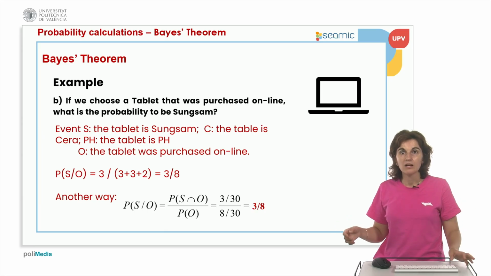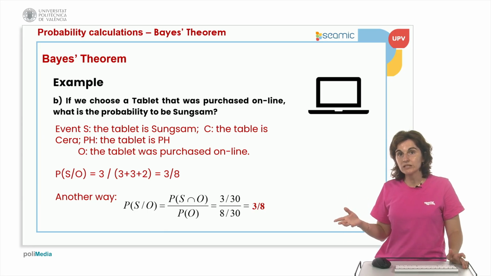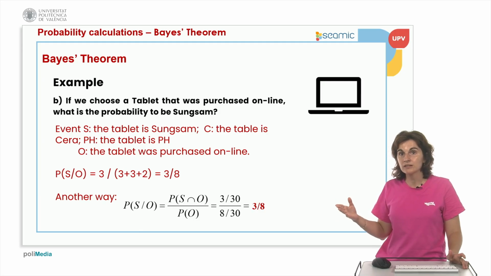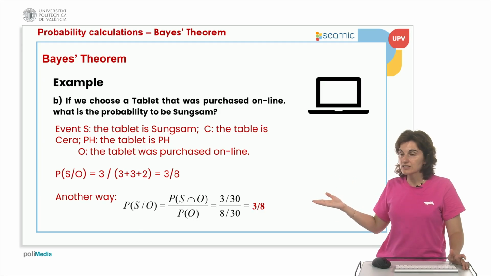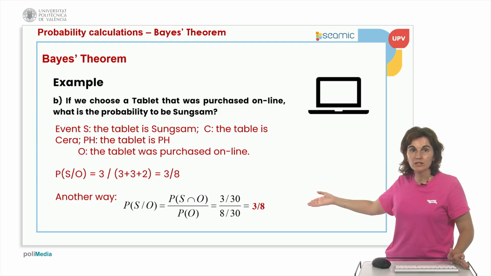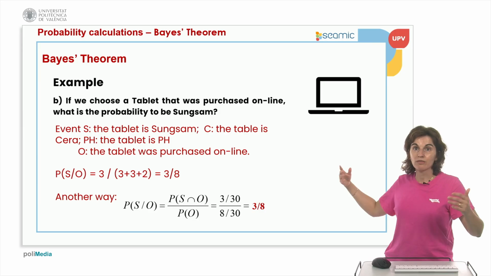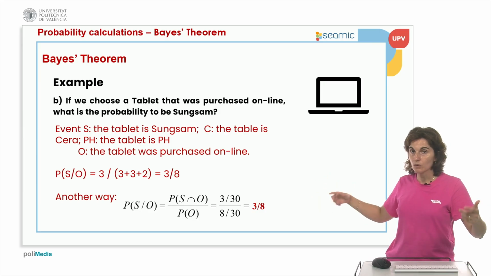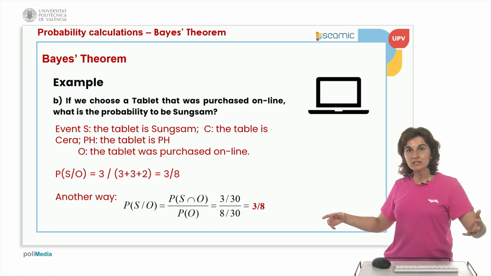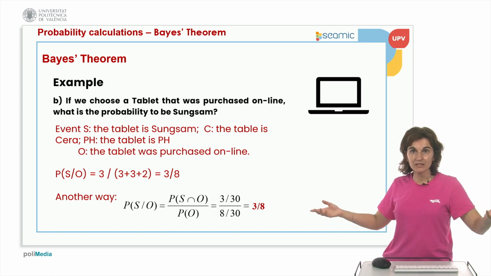And there is another way to do it, which is computing the probability to find a device which is Samsung and online, and this is 3 over 30 because we have 30 devices in the problem, over the probability to obtain a device that was randomly selected and was an online purchase.